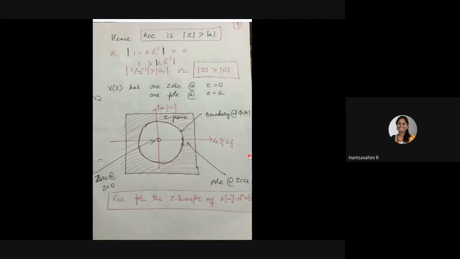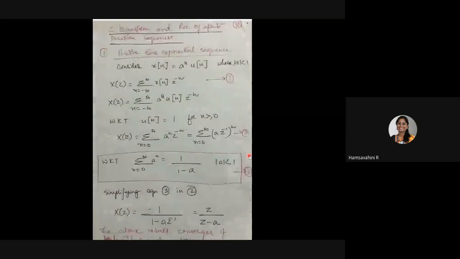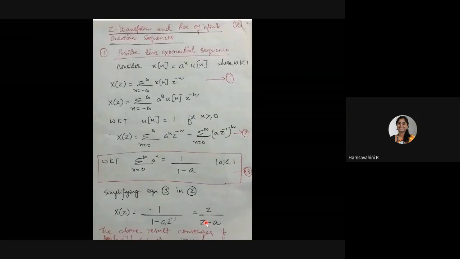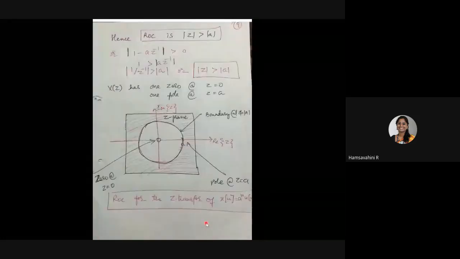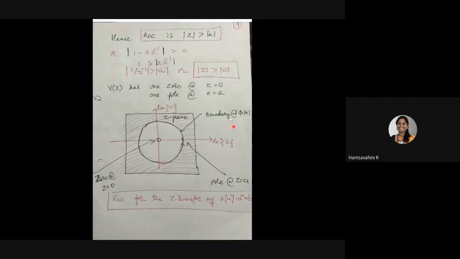So now coming back to this expression, X of z is z by z minus a. The numerator will give you the zeros and the denominator will give you the poles on the z plane. If you observe, we have one zero and one pole: the zero at z equal to 0 and the pole at z equal to a.